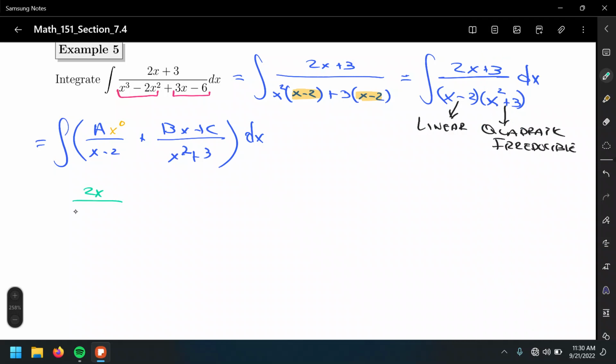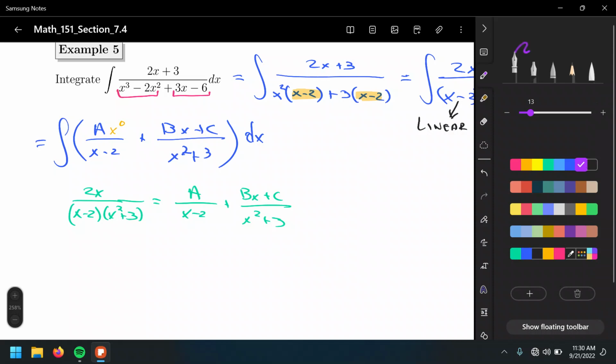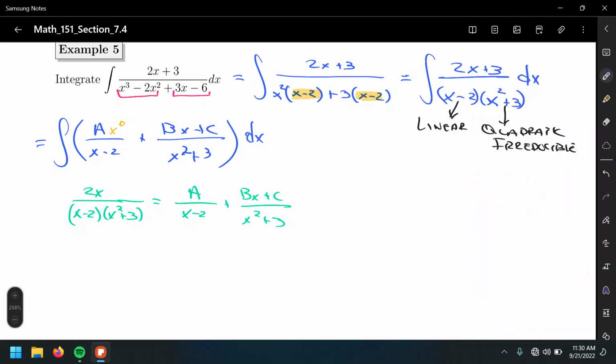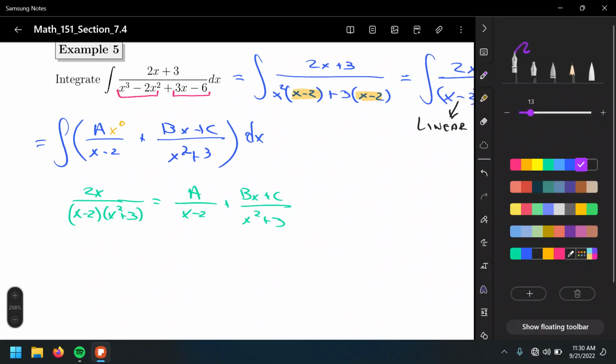That is 2x plus 3 over x minus 2 times x squared plus 3 equals a over x minus 2 plus bx plus c over x squared plus 3. On the green one, on top, 2x plus 3? Yes, thank you. That's going to make a whole difference here.